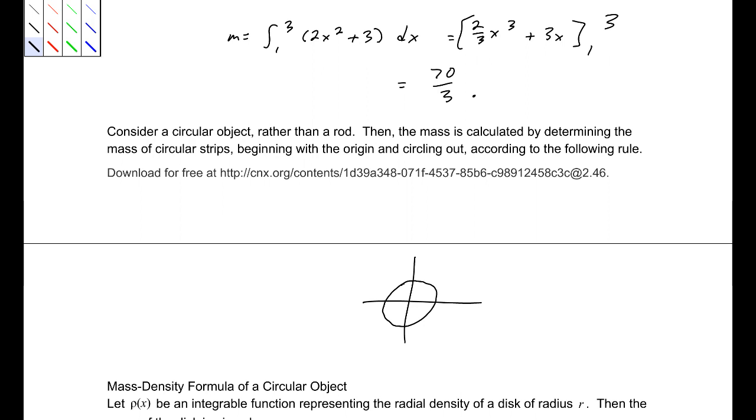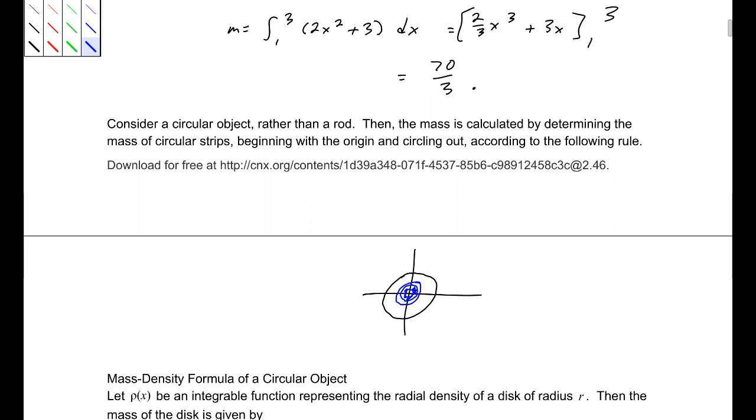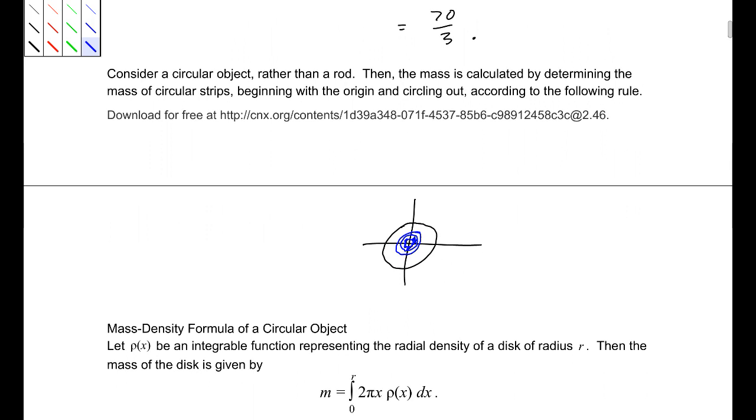Then the mass is calculated by calculating some individual strips. We have a strip right here, a strip right here, another strip here, and by calculating each of these tiny, tiny strips, working from the origin and coming out, that's how we're going to find the mass of that plate.